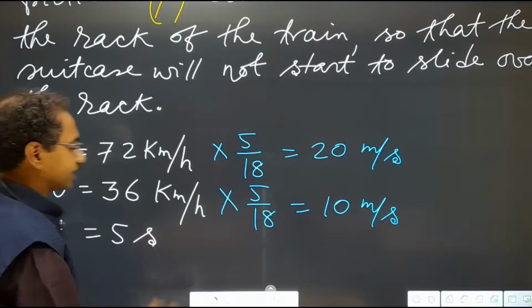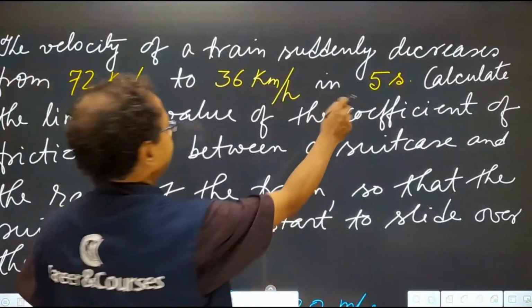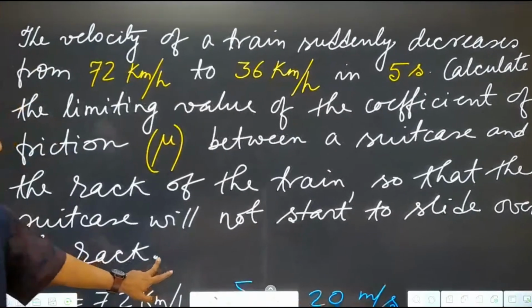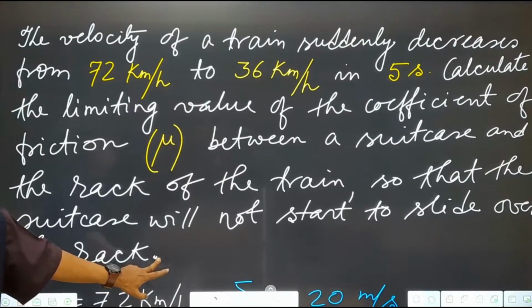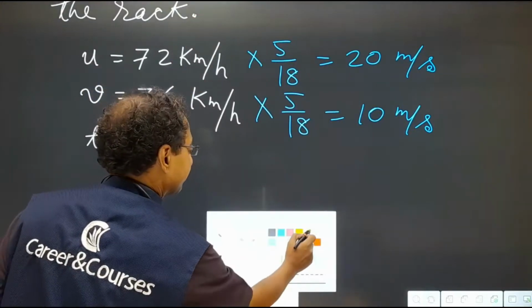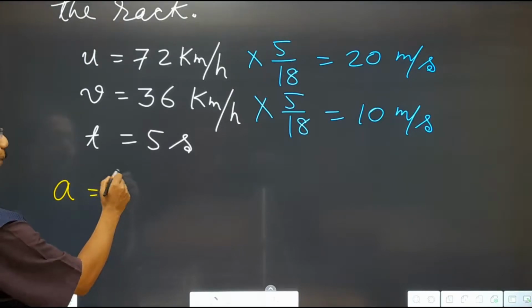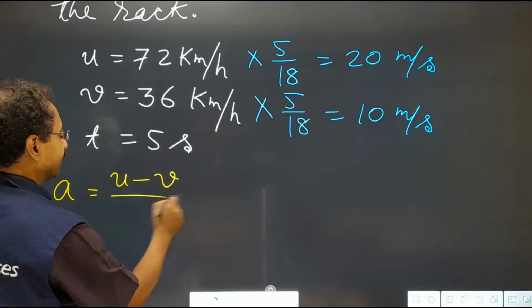These are the things given in your question. The time is 5 seconds, initial velocity 72 km per hour, final velocity 36 km per hour. So we understand the retardation of the train a is equal to u minus v by t.